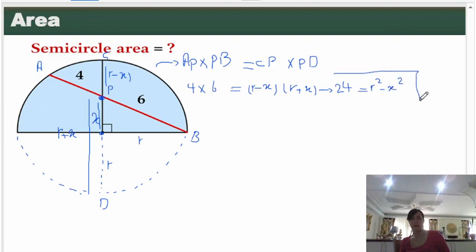Here I have one equation with two variables. So to find r, I really need to have an equation with only one variable.